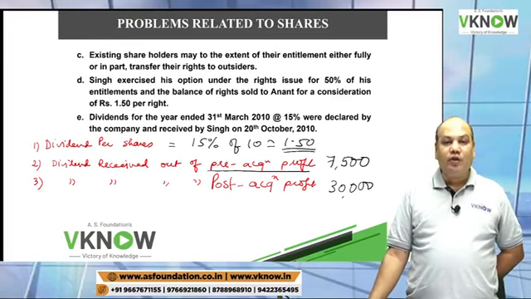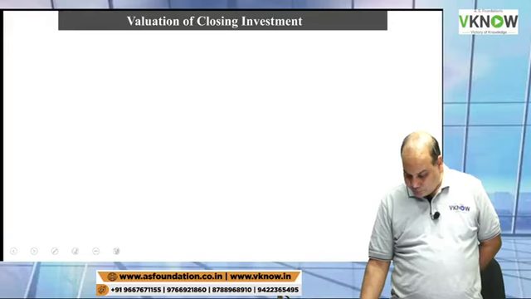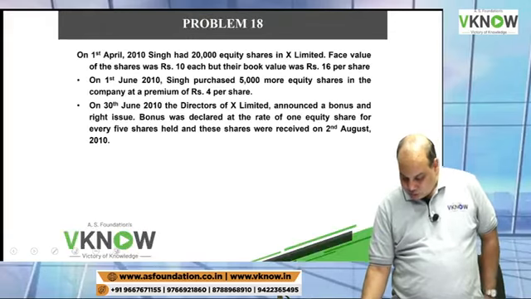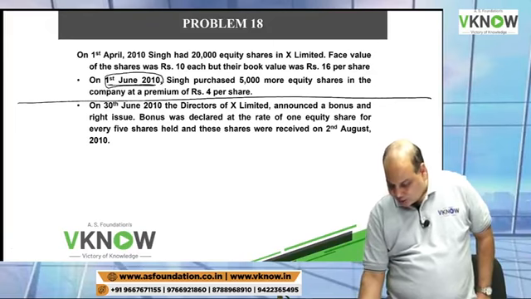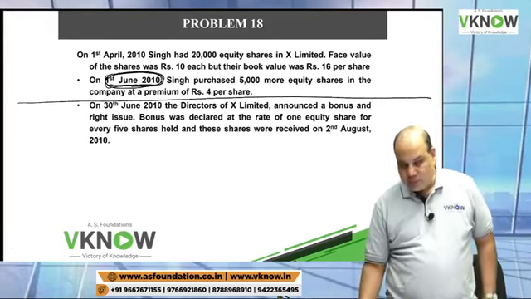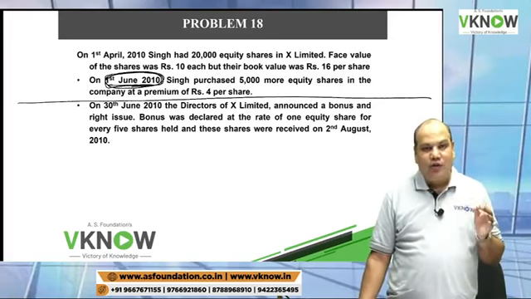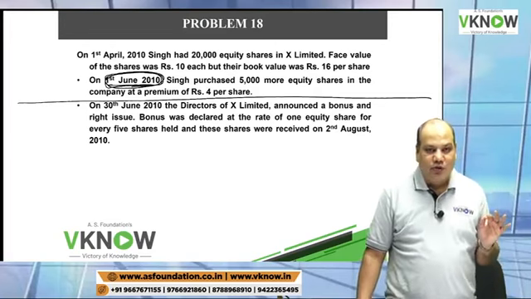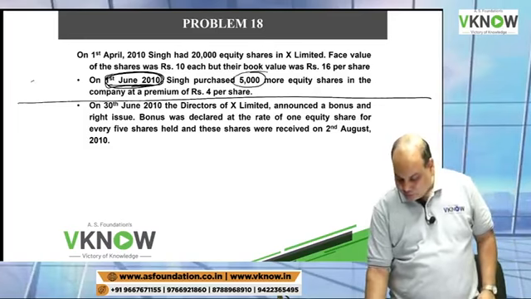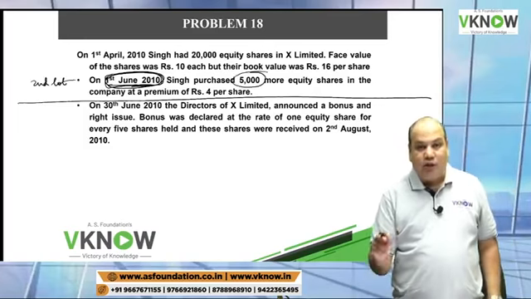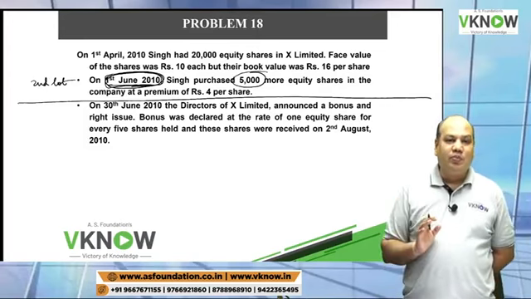Why 7,500? Let us see. Go to the previous starting page. These shares which I have acquired on 1st June 10 were purchased in this year. Singh was not a shareholder on 31st March for the second lot. He will receive the dividend on this second lot because his name will appear in the register of members.